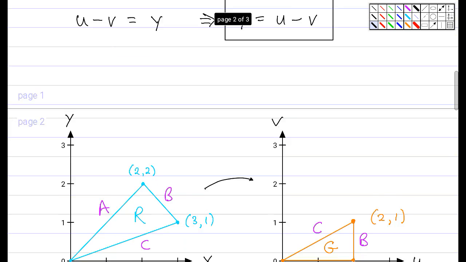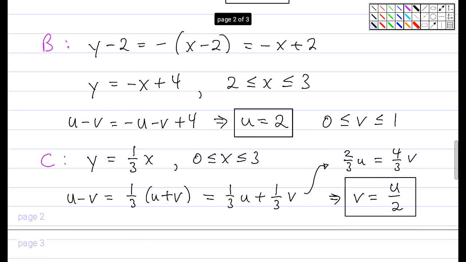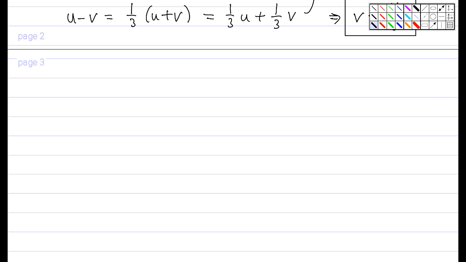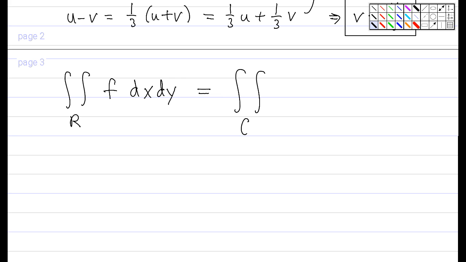So for our final result, let's write this at the very bottom here. If we wanted to integrate over that region R some function, then instead we can do an easier integral over the region G, as long as I multiply by the absolute value of the Jacobian, which is going to be 2 du dv.